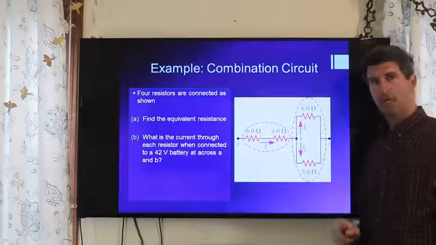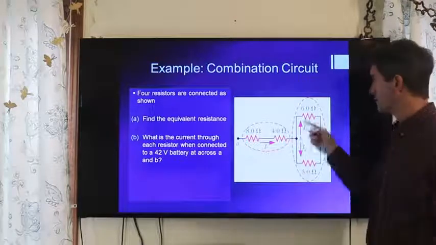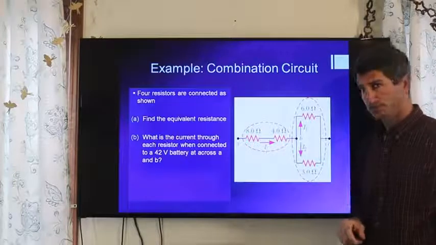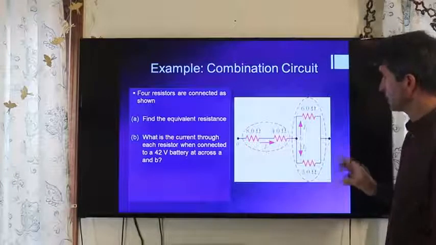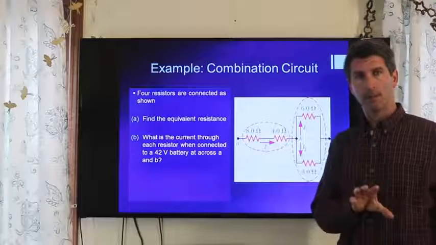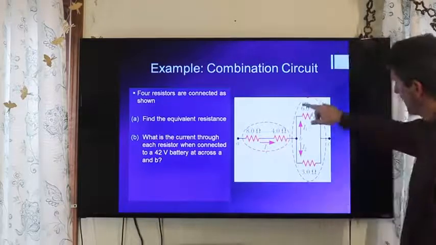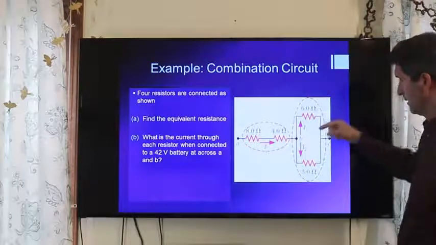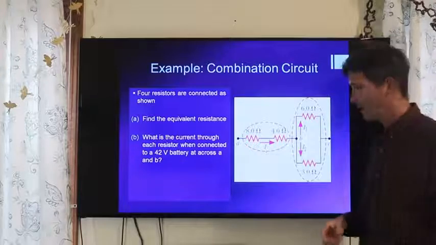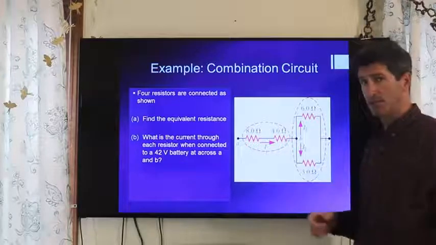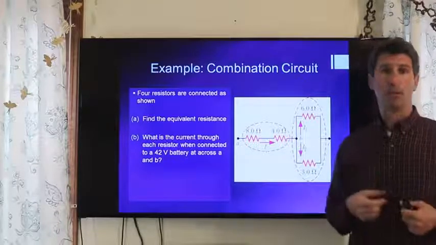2 resistors in series, 2 resistors in parallel. To simplify this system, I can approach this one of 2 ways. I can make this parallel set right here into 1 resistor. That'll give me 3 in series, and then reduce the 3 to 1.